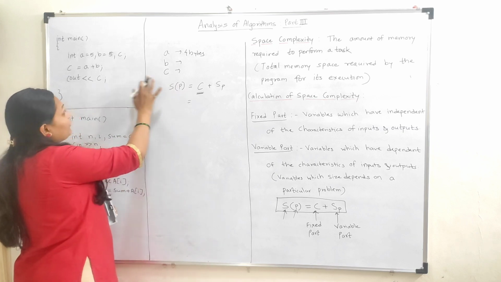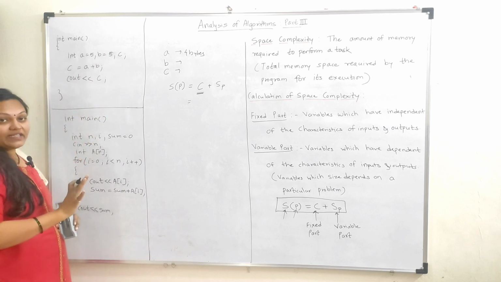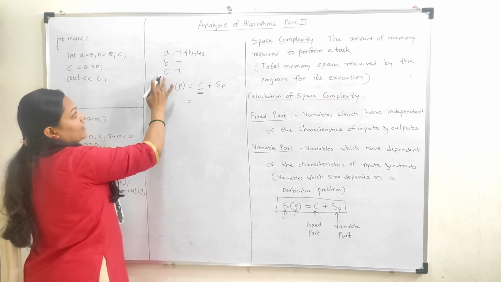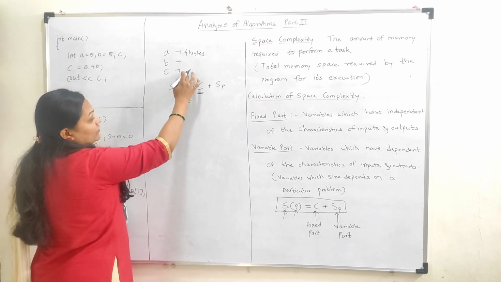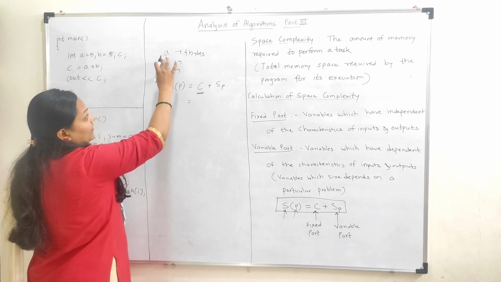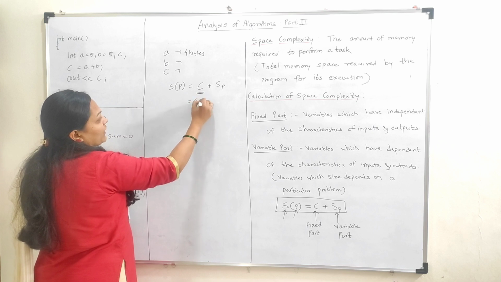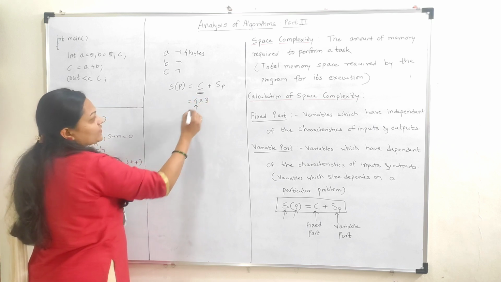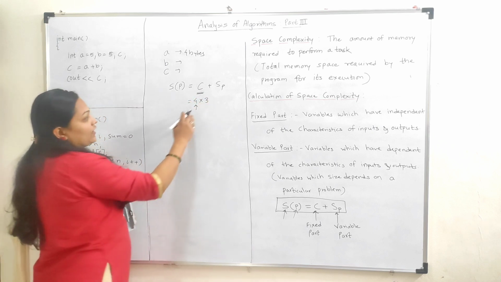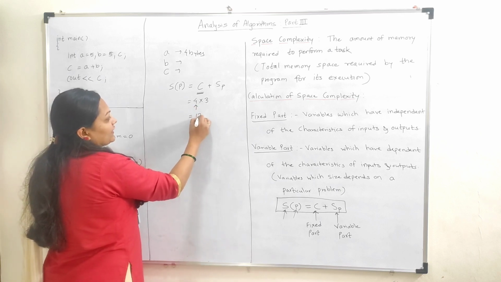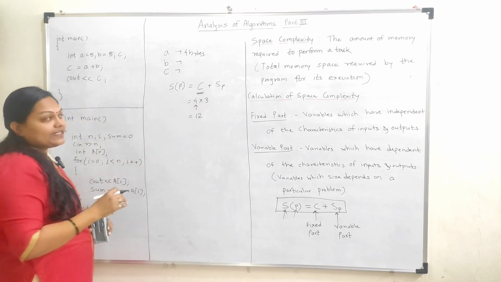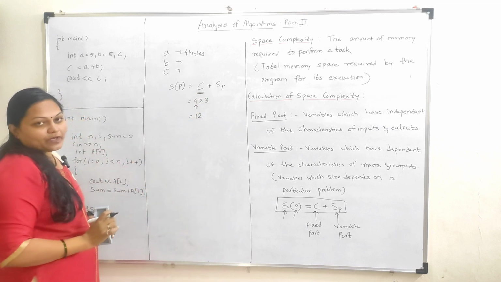C is also a variable whose size does not depend on another variable. So the memory required to store these three variables is 4 into 3, 4 bytes for each variable. So 4 into 3 is 12. So a total of 12 bytes is required for this fixed part.